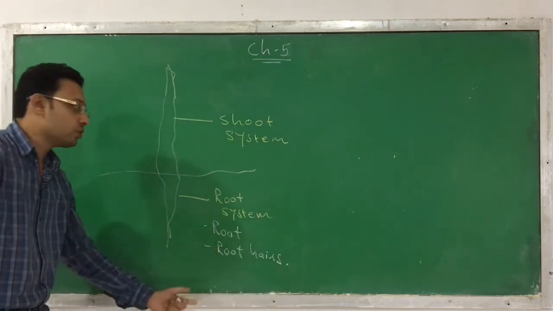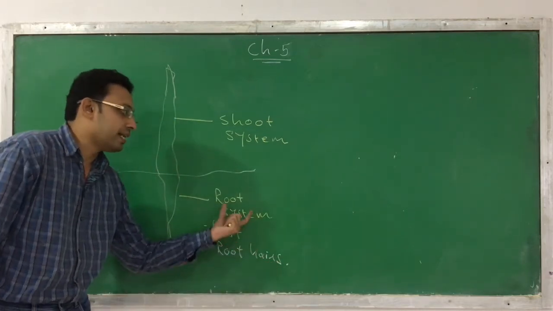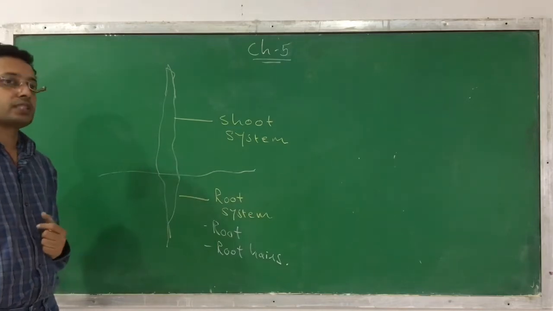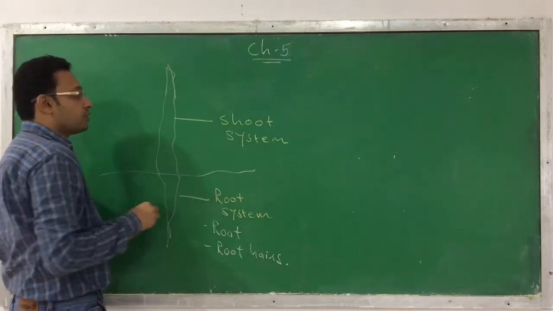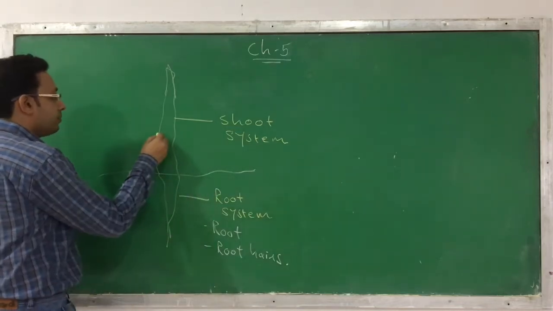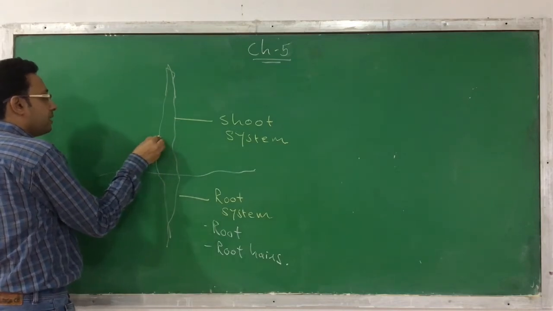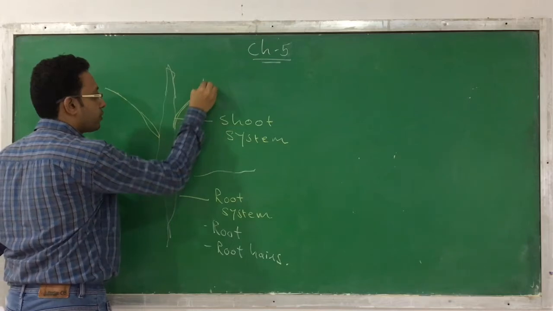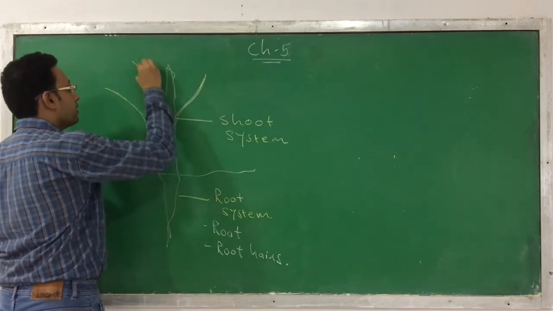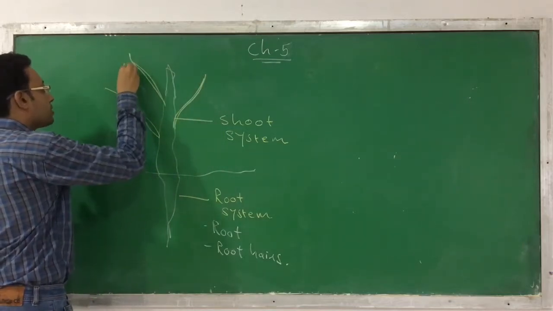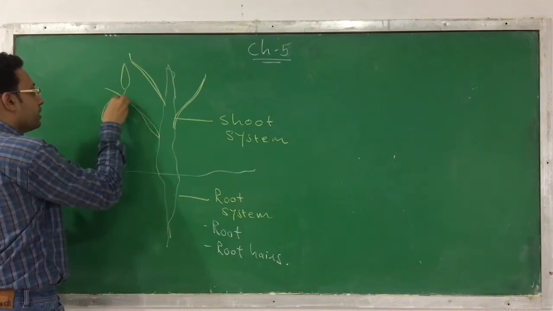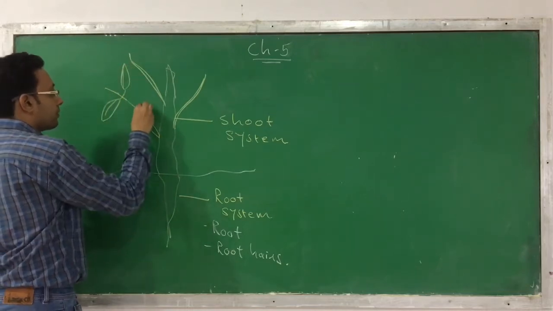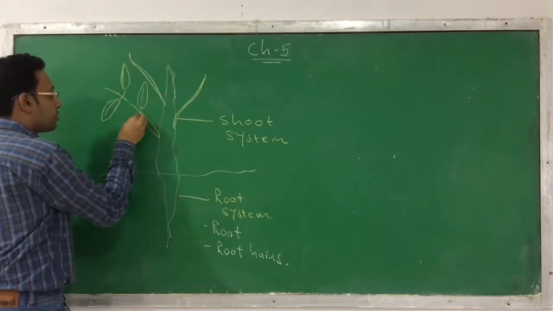Similarly, what does the shoot system consist of? It consists of the stem, the branches which develop from it, and the leaves.